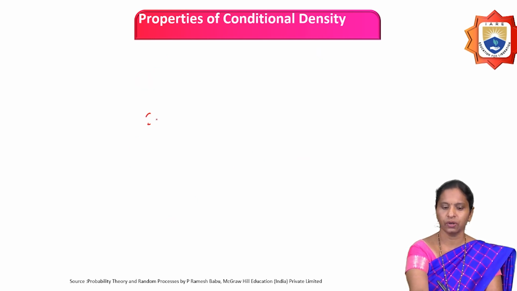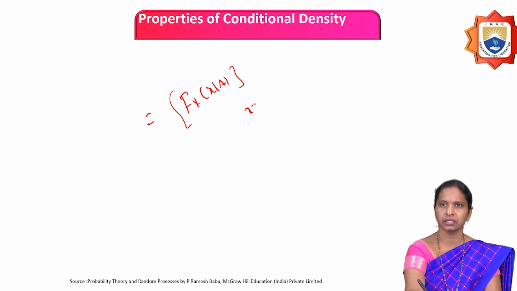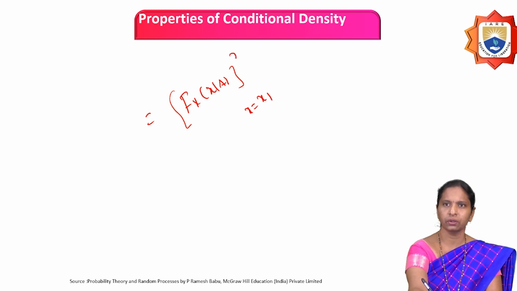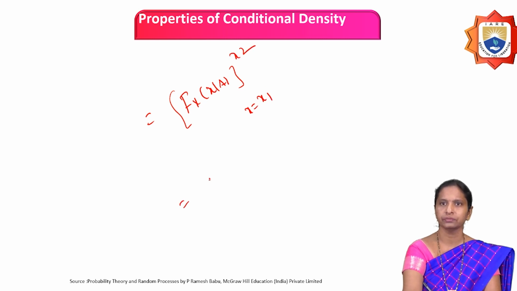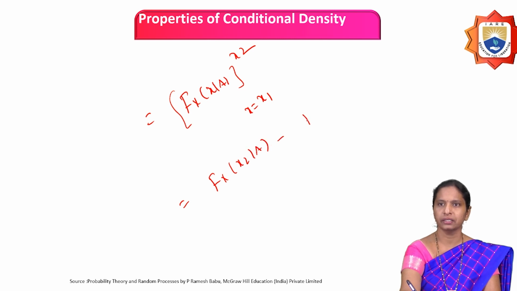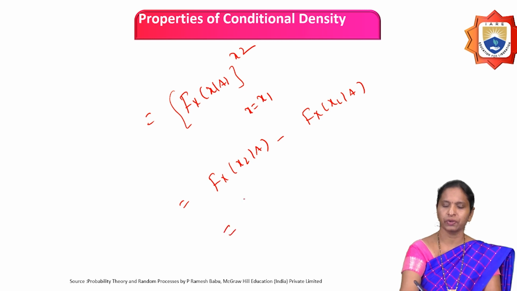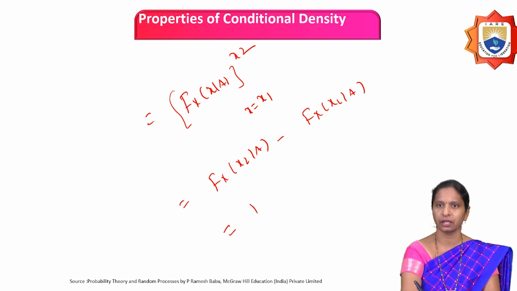Then you can write as what? F_X(x by a). And what are the limits of x here? x is equal to x1 to x2. That equals to what? F_X(x2 by a) minus F_X(x1 by a). So from the properties of the conditional distribution function, how can I write down this as what? P(x1 < x <= x2 by a).